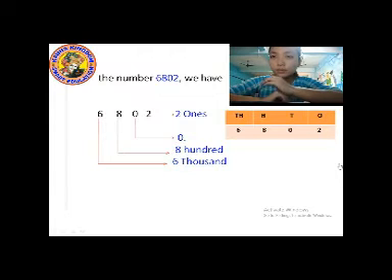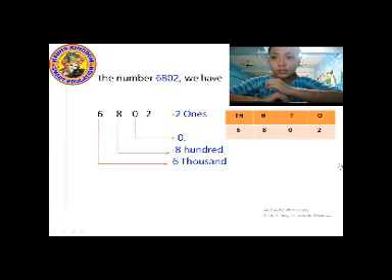The place value of 2 in the number 6802 is 2 ones, because 2 is in the ones place. The place value of 0 is 0, because the place value of 0 is always 0 wherever it is placed in a place value chart.